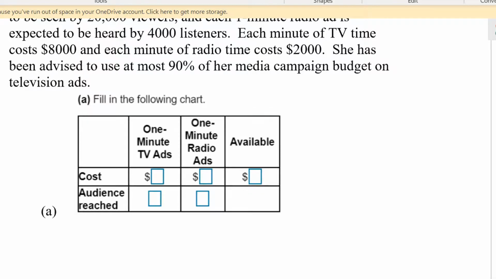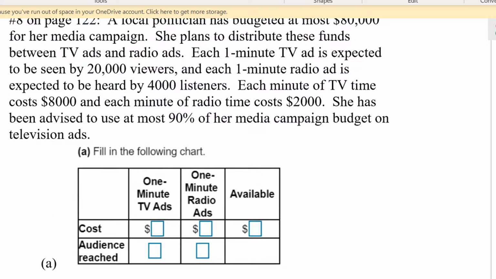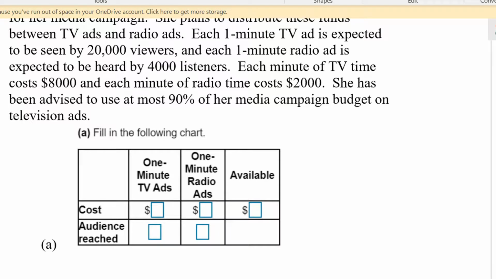They ask us to fill in the following chart. So let's see. For 1-minute TV ads, what's the cost? And that is right here, $8,000. So that right there would be $8,000. And the cost for 1-minute radio ads would be $2,000.